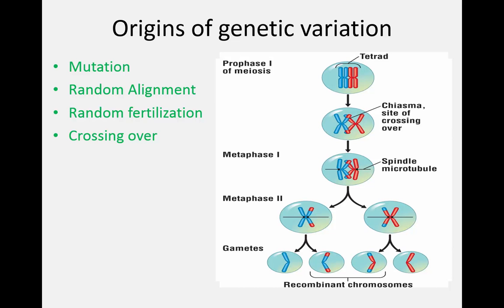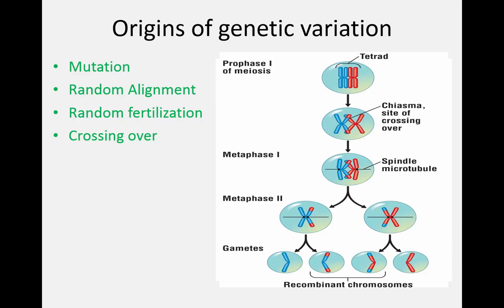When I talk about this in face-to-face courses, I like to give this scenario. If you took the same parents that produced you, your mother and father, and they make another baby, a sibling, there is a very, very slim, almost no likelihood at all that your sibling would be genetically identical to you.